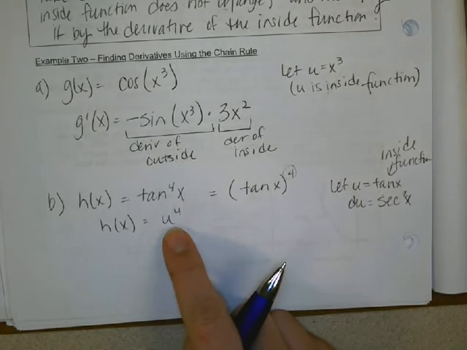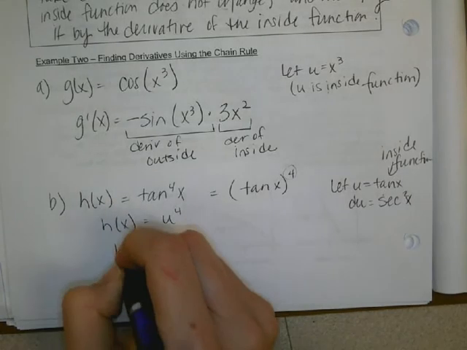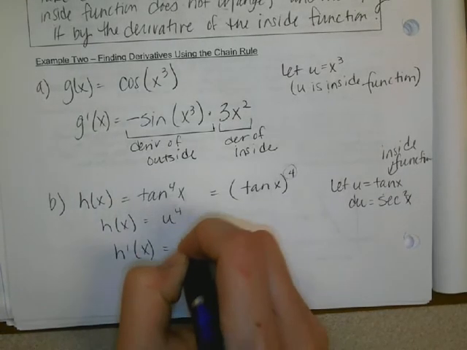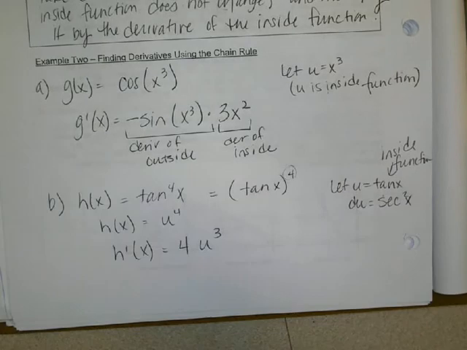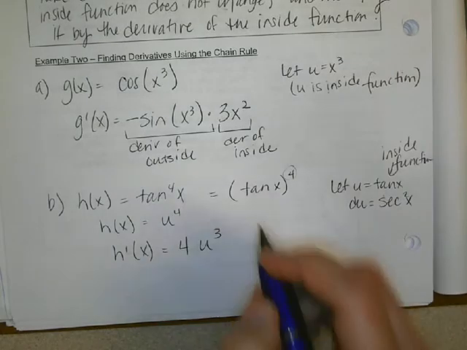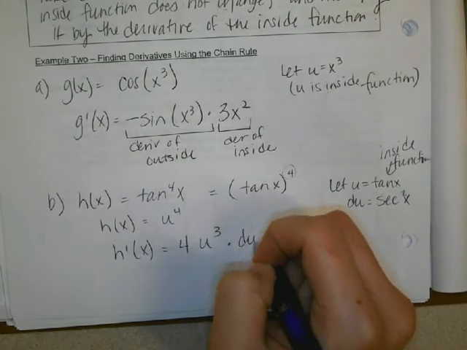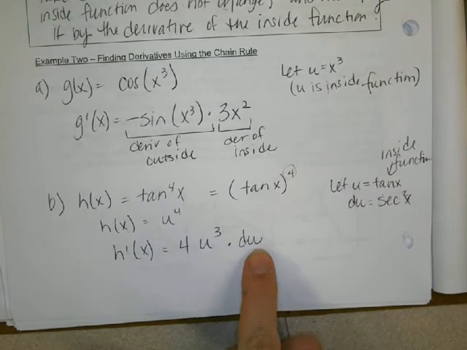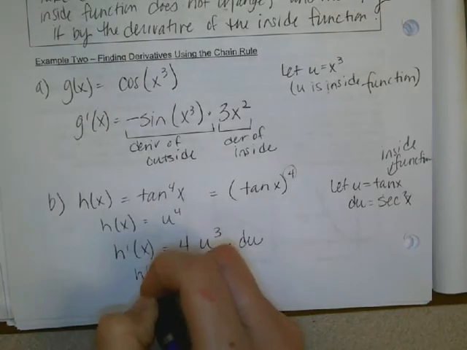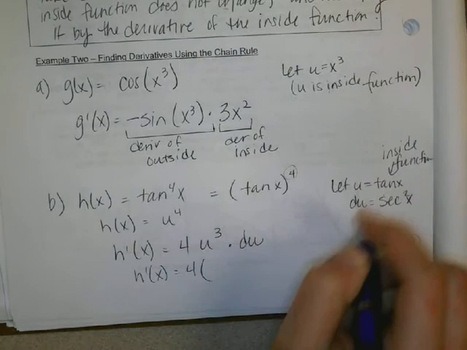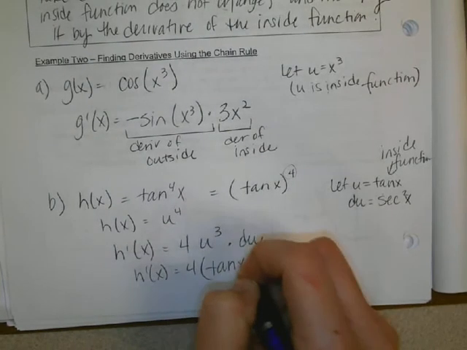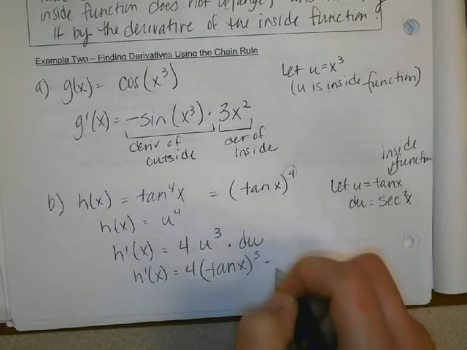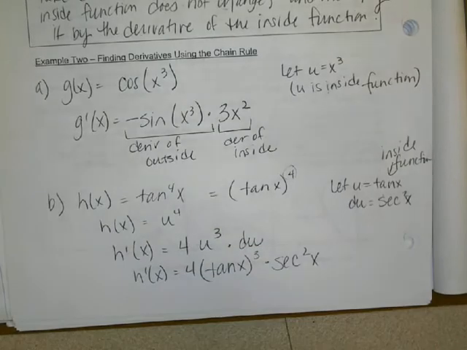You've been taking derivatives of functions that look like this all the time using the power rule. Okay, and then we multiply by the derivative of the inside function. So we have h prime of x equals 4 times u, which is tan x cubed, and then you have to attach the derivative of your inside function.